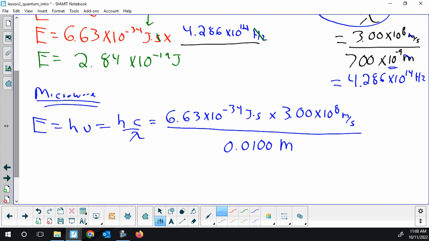So I'm not showing my centimeter to meter conversion. So my meters canceled, my seconds with inverse seconds canceled. Again, I'm left with just joules, same as when I did this in 2 steps. And I get 1.99 times 10 to the minus 23.